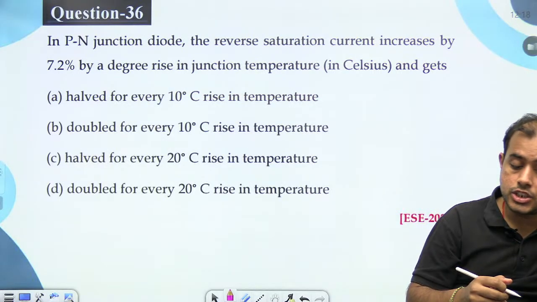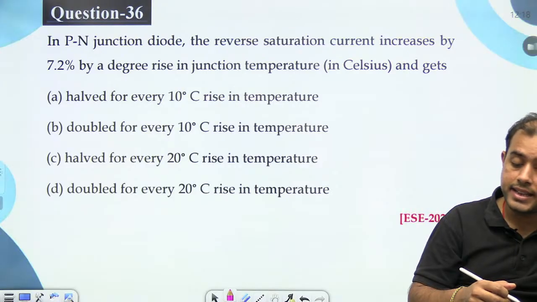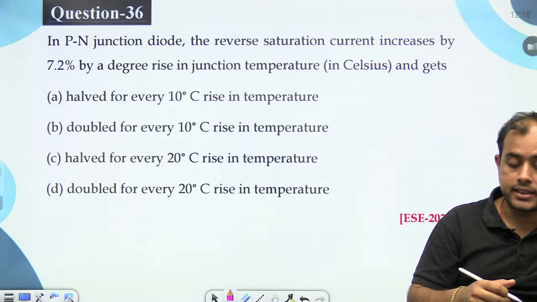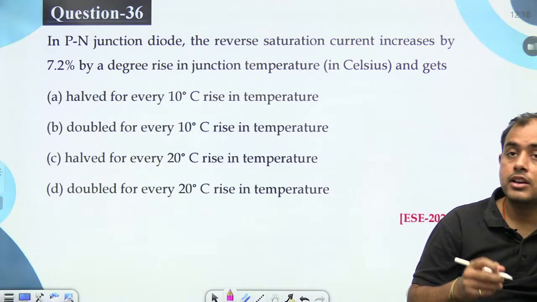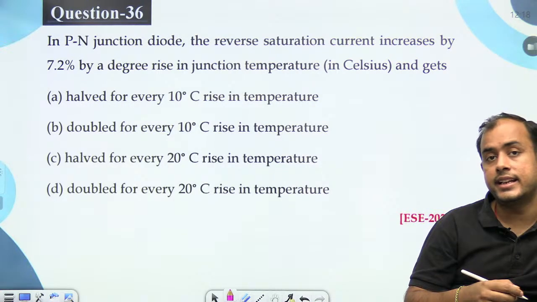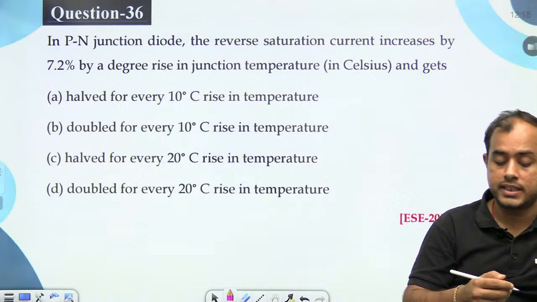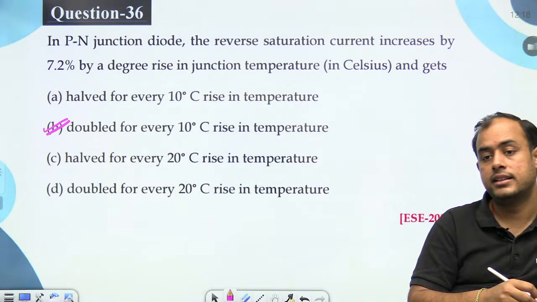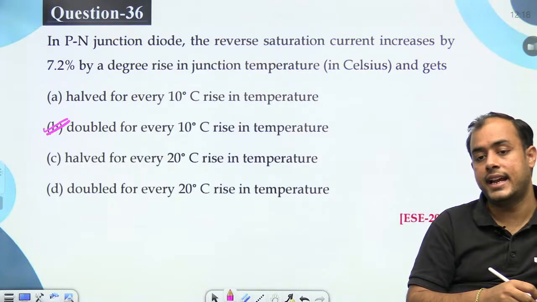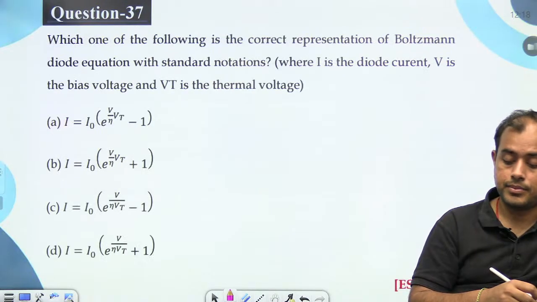In a PN junction diode, reverse saturation current increases by 7.2% per degree centigrade rise in temperature. For 1 degree centigrade, it increases by 7.2% and it doubles for every 10 degrees centigrade.